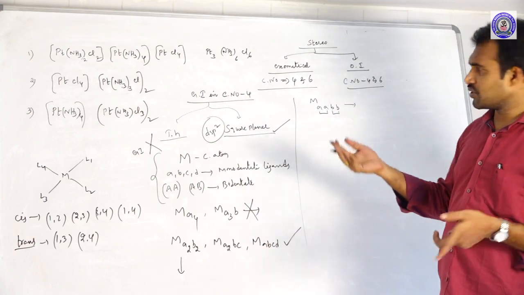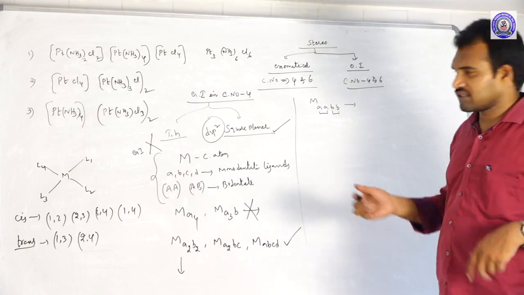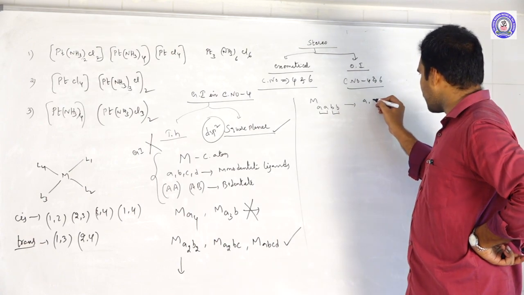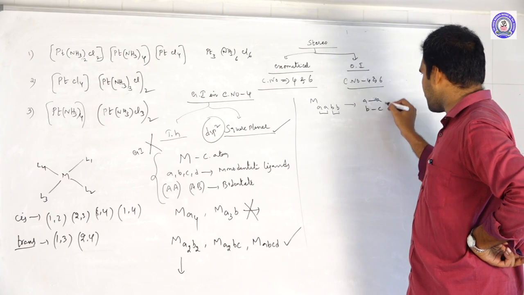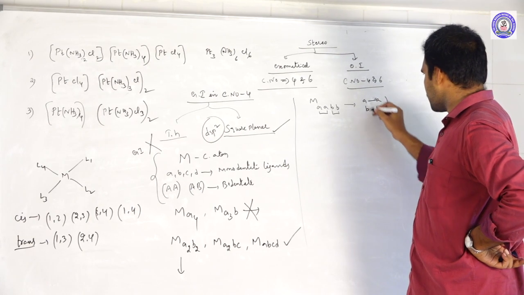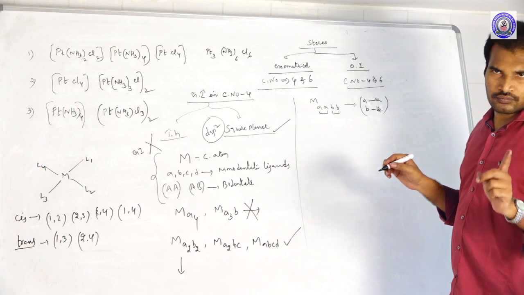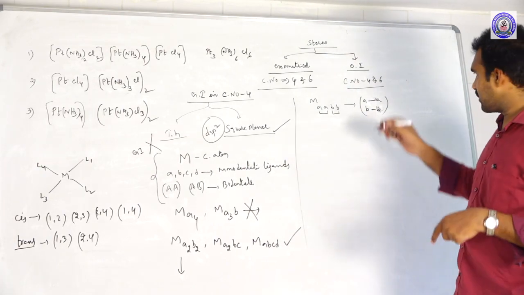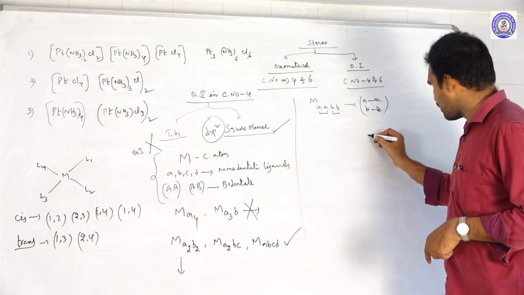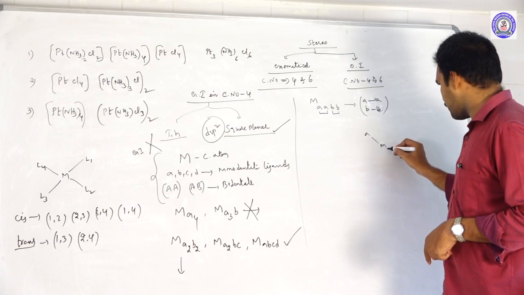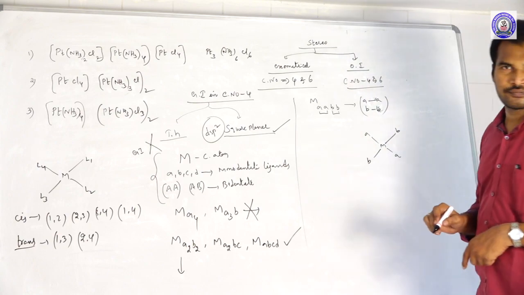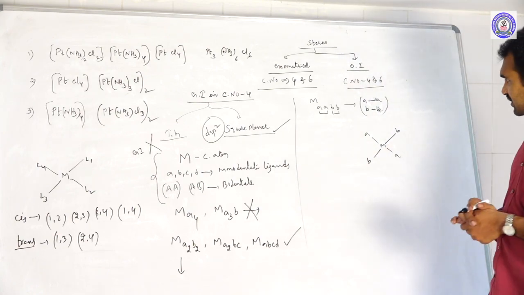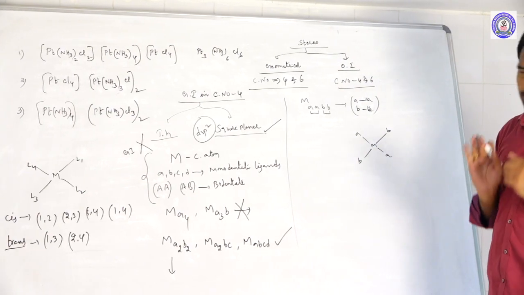If you write the trans position, then automatically the others will come. So AABB is one isomer. Which isomer is this? Trans isomer.